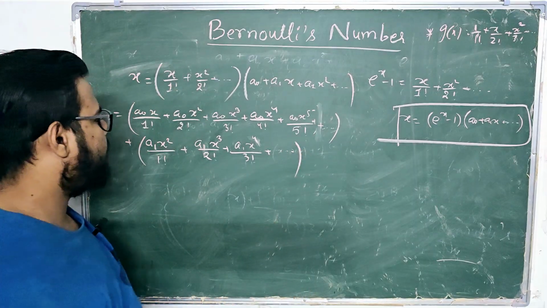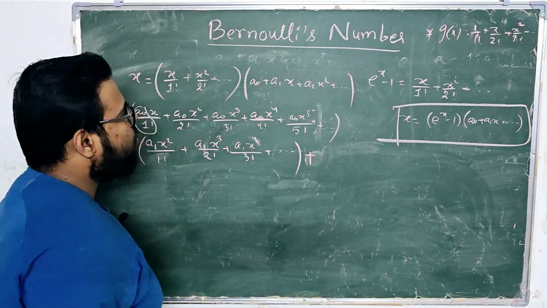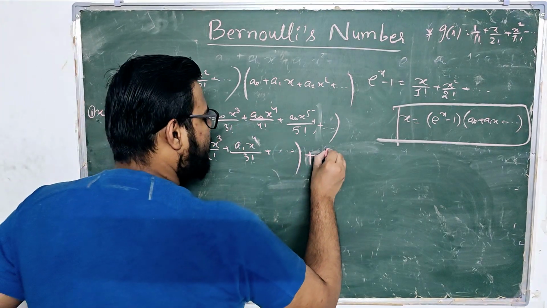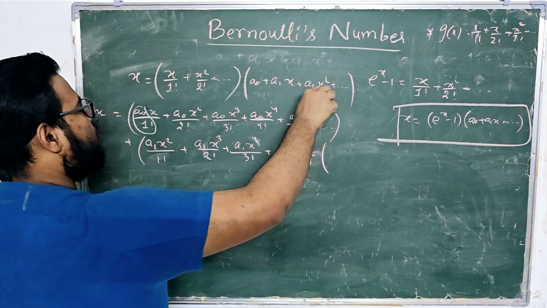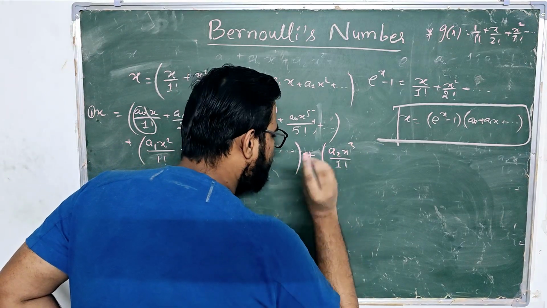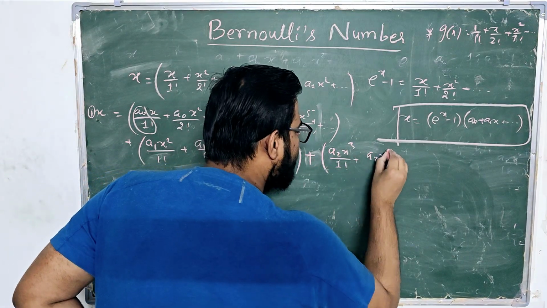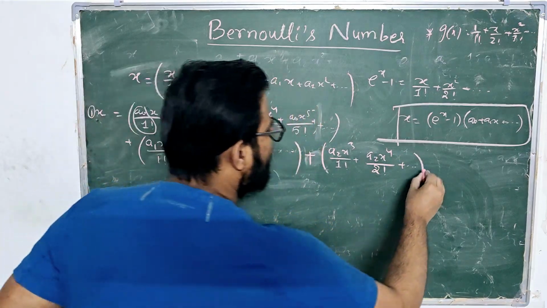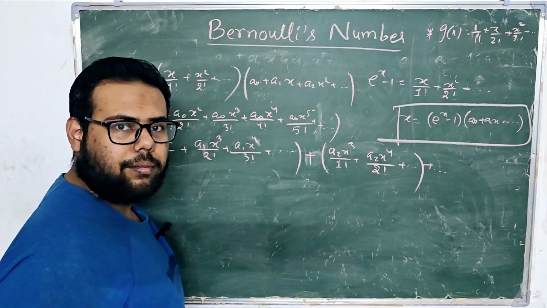Correct? Okay. So now let's write for a2 over here. So what we'll get? a2 x square times this, we will get a2 x cube by 1 factorial plus a2 x raised to the power 4 divided by 2 factorial and so on and so forth, and rest all other terms like this.